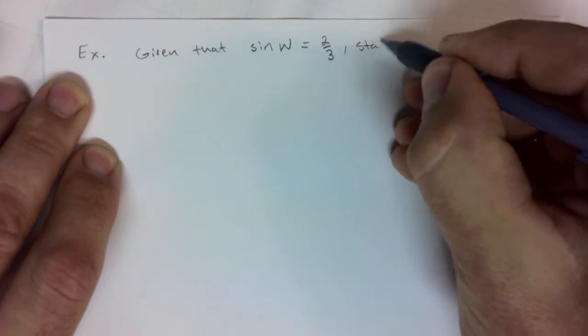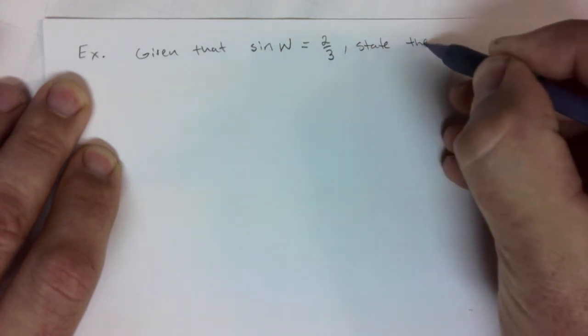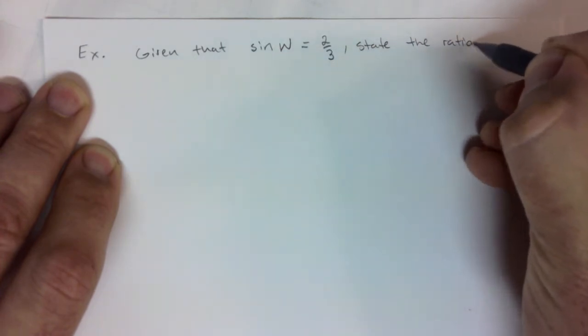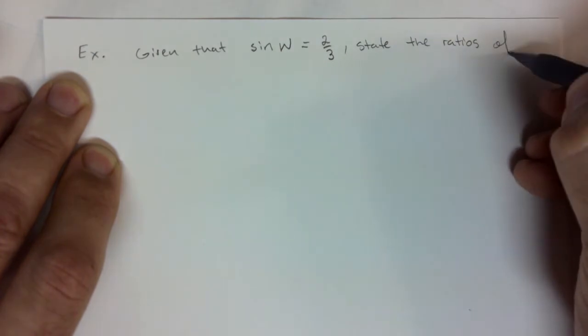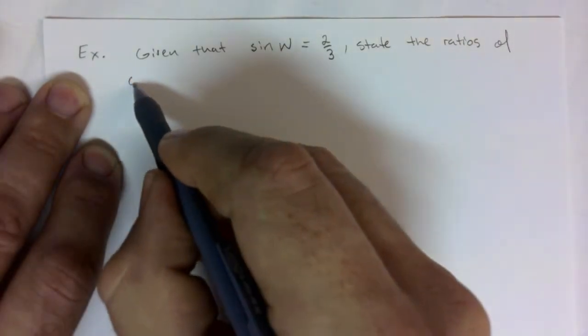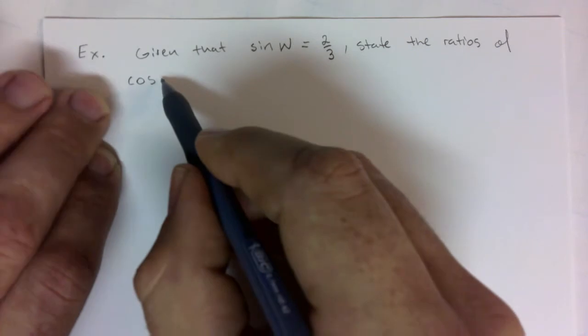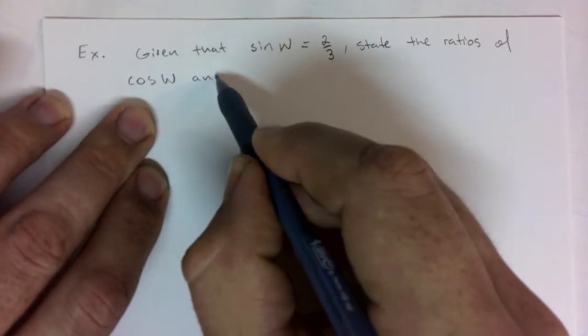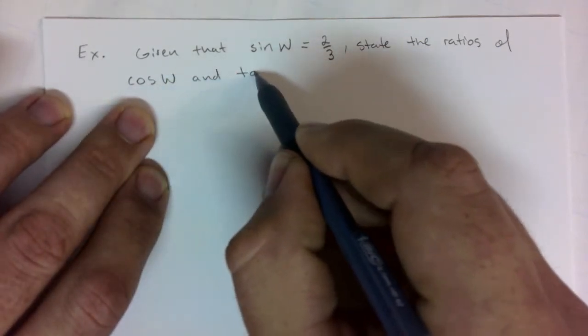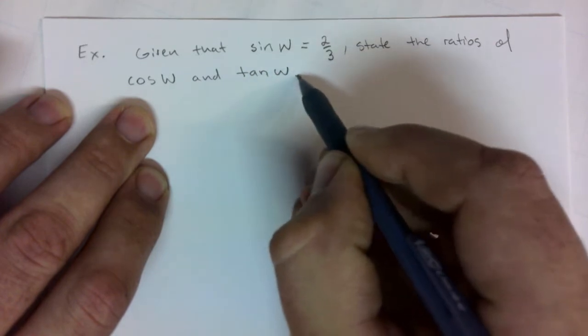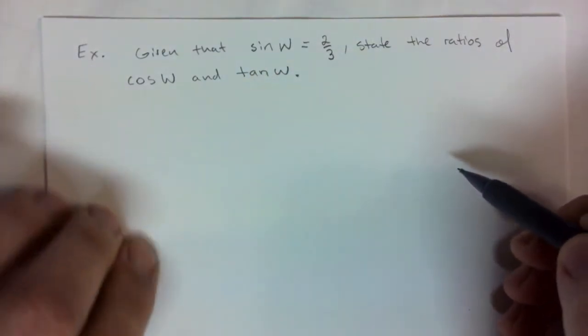State the ratios of cosine w and tan w. How would you do a question like this?